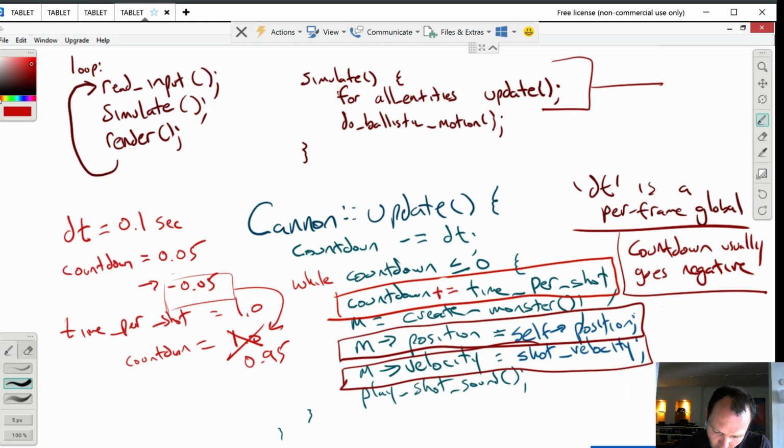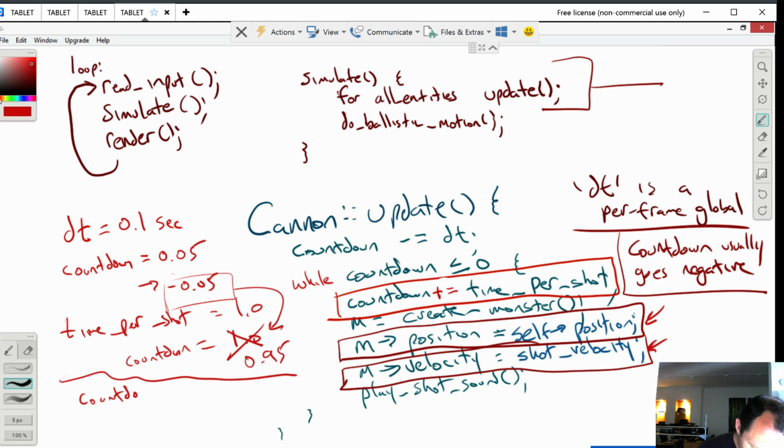And then the other stuff that's wrong is down here. Now this position and this velocity are wrong, again, because we're shooting these monsters out and then they're walking across the ground or whatever, but we're skipping random portions of the frame. Oh, the reason I was drawing all this over here is just to say another time, countdown might be 0.01, instead of 0.05, which means it goes to minus 0.09. So you're dropping different amounts of time on the floor.